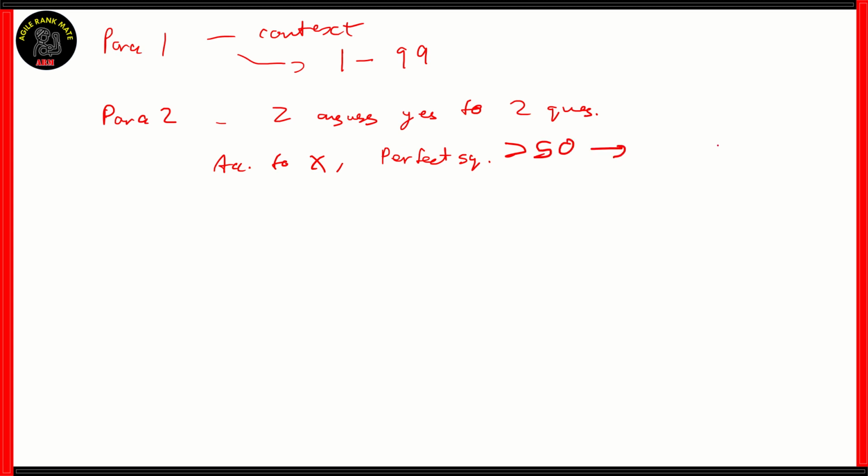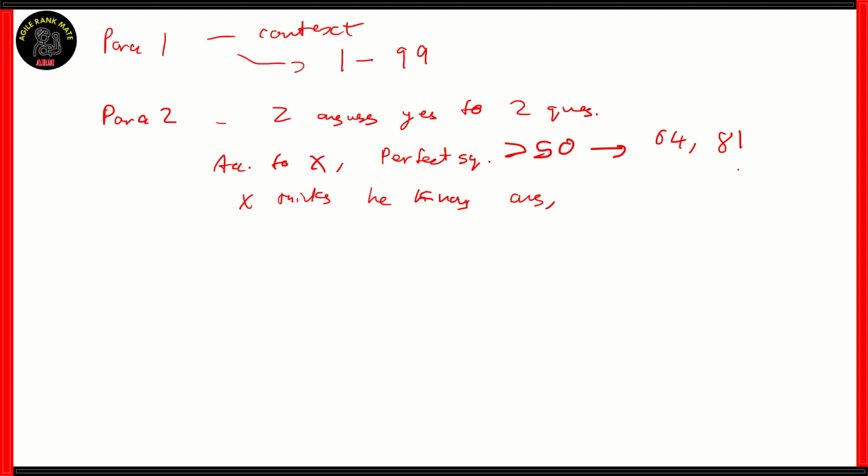So X assumes that either 64 or 81 is the house number of Z. Now, if we look back at the paragraph, we saw that X thinks he knows the answer.